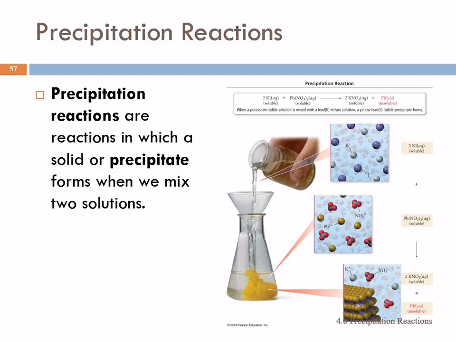That solid that forms is called a precipitate. It's called a precipitate because it falls slowly through the solution, just like precipitation does. They're predicting rain today. The meteorologist says it's precipitation, right? Snow is precipitation. It falls. So this is the precipitate.